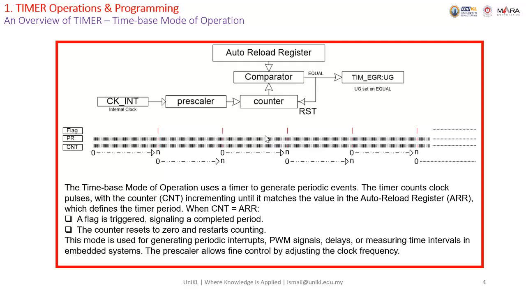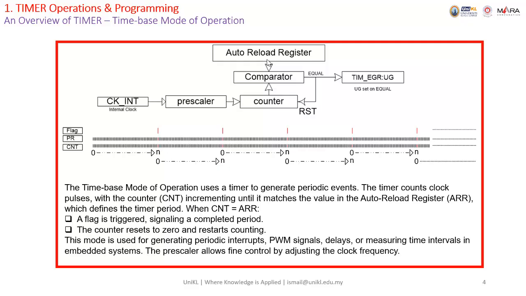We feed it to the prescaler. Why the prescaler? Because we want to divide it. Maybe the frequency is very high, then we need to reduce it so we can work at a lower frequency. Then it feeds the counter, a simple counter that will count up. In that block, we also have the auto reload register, the ARR register.